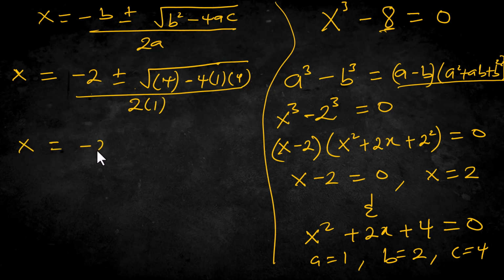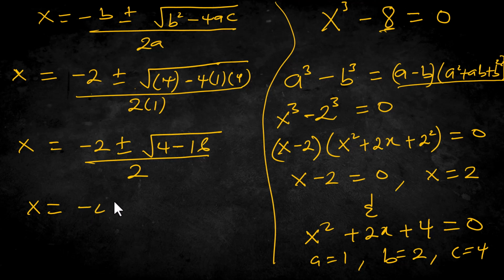So we have minus 2 plus or minus the square root of 4 minus 16, over 2. So my x is minus 2 plus or minus the square root of minus 12, over 2.